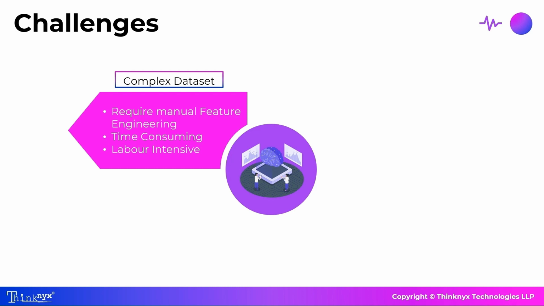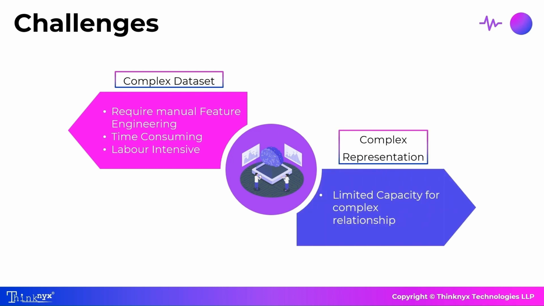Also, conventional ML models have limited capacity to represent complex relationships within the data. They struggle to capture high-dimensional and non-linear patterns effectively, leading to subpar performance. To solve these problems, scientists developed a new technique known as deep learning, whose core structure is inspired by the human brain.